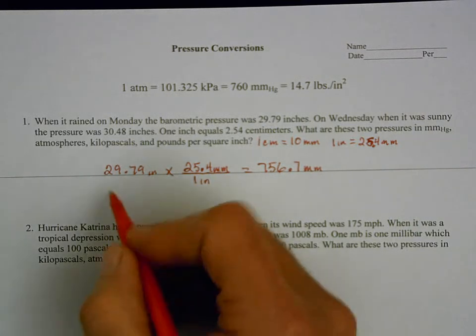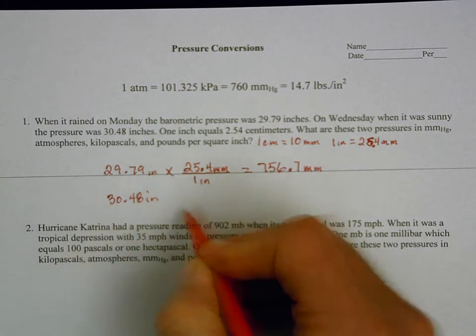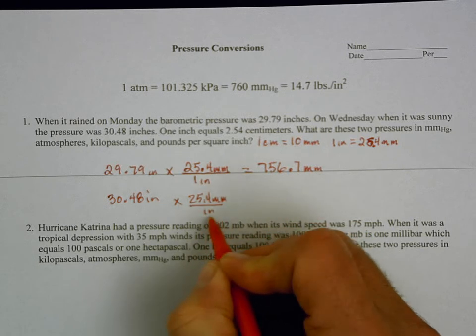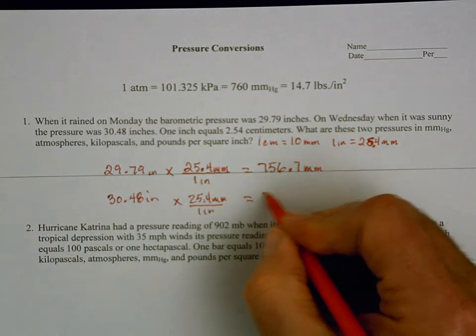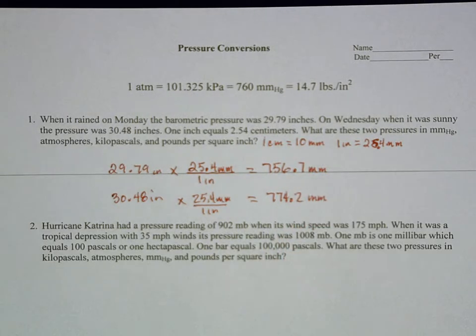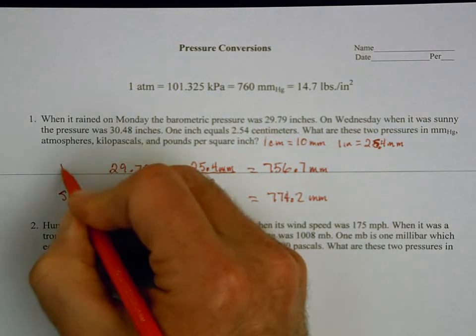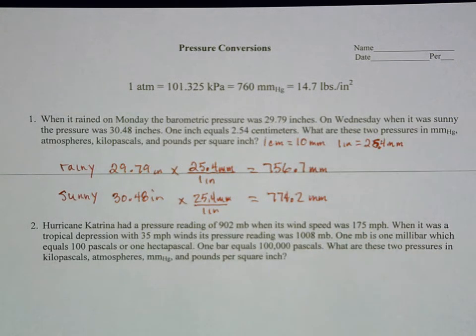If we want to change the other one, then we would take 30.48 inches, and again times 25.4 millimeters per inch. And this one comes out 774.2 millimeters. So basically, going from a sunny to a rainy day, we have a drop in about 18 millimeters.